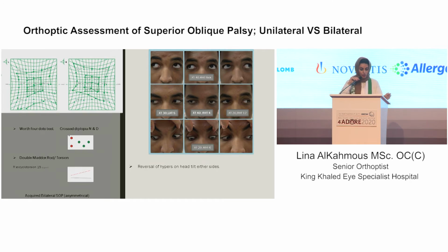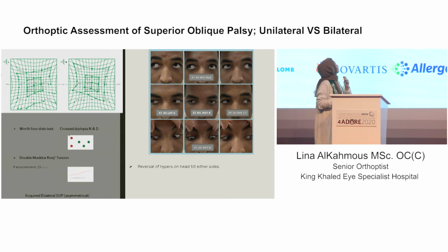This is the Hess chart of the case. A Hess chart is a great diagnostic test that gives us an idea about the diagnosis and the follow-up, improvement or regression of the case. Here you would see a huge underaction of the agonist, and you would see the full muscle sequelae in the Hess chart form.